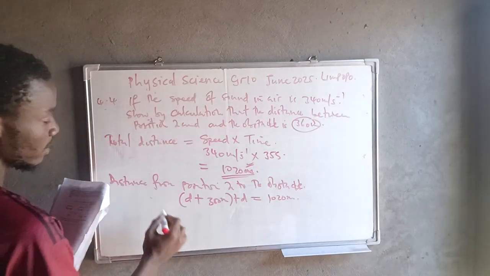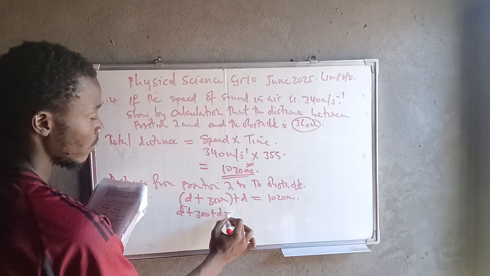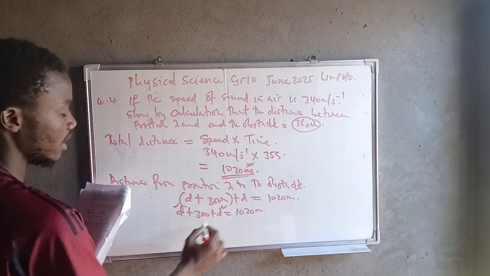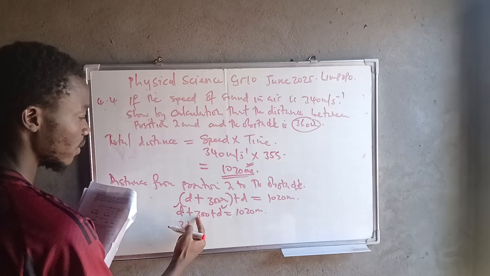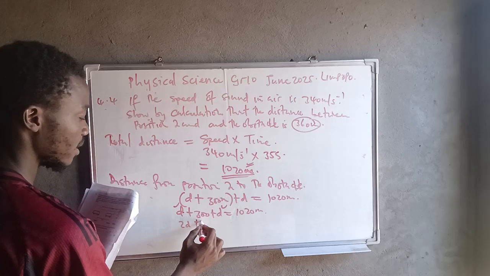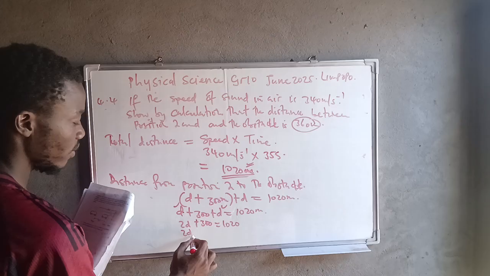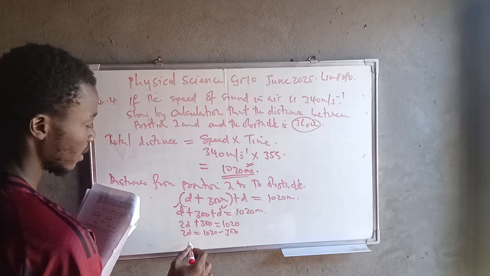If we expand this bracket, we remain with D plus 300 plus D equals 1020 meters. If we collect like terms, D plus D, we get 2D. So 2D plus 300 equals 1020. Then 2D equals 1020 minus 300.